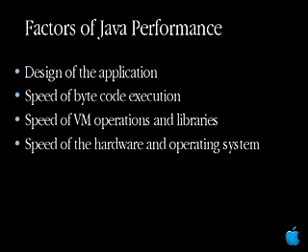Next, and that's what I will focus on, is the speed of VM operations, be it class loading, garbage collection, threading, synchronization, and its associated libraries. And last, it's the speed of the hardware you're running on and the underlying operating system. There's not much we can do about that, but we are pressing on the kernel team in that area.